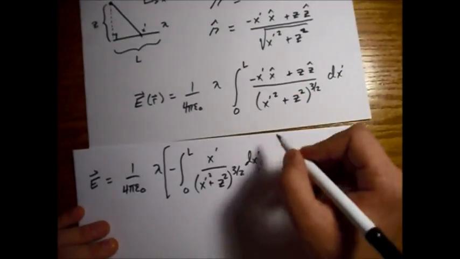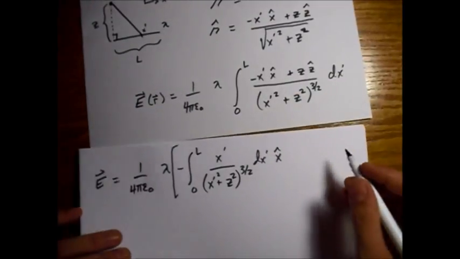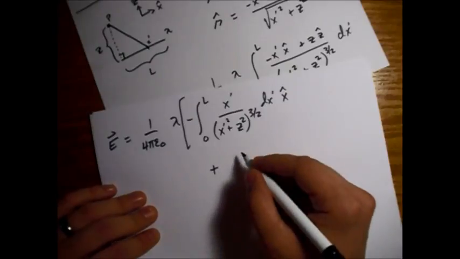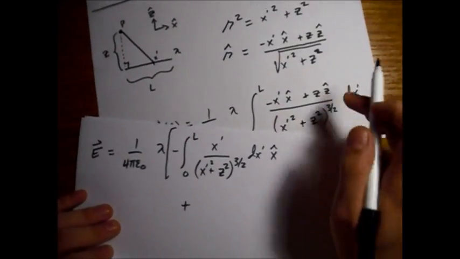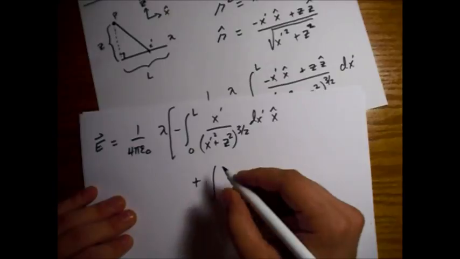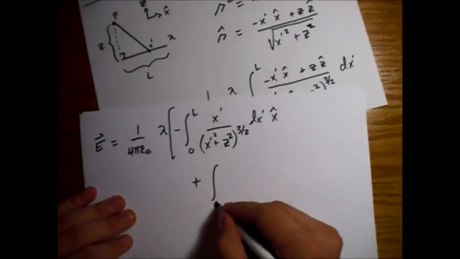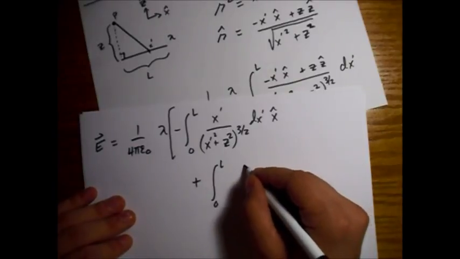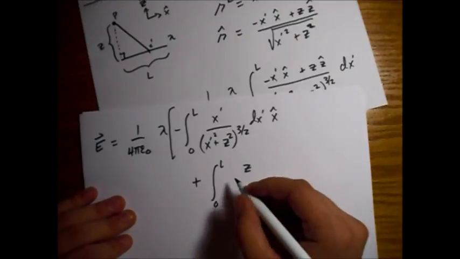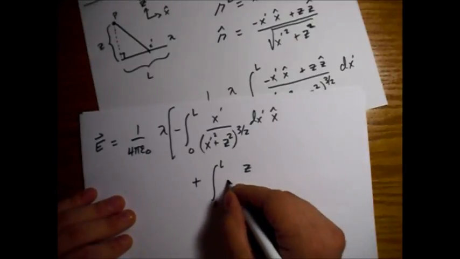And this is the x hat, the x direction component. All right, and then we also have the z hat component. Feel free to skip ahead in the video if you don't care about this integration. Long story short, we get one that's a u substitution and one that's a trig substitution.